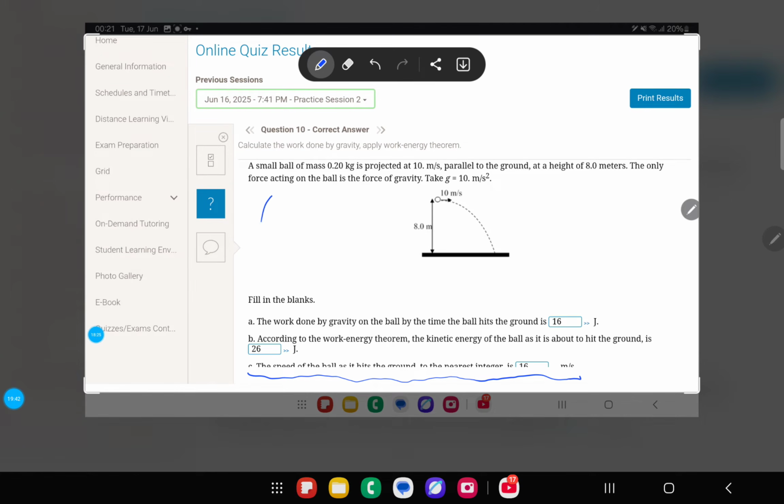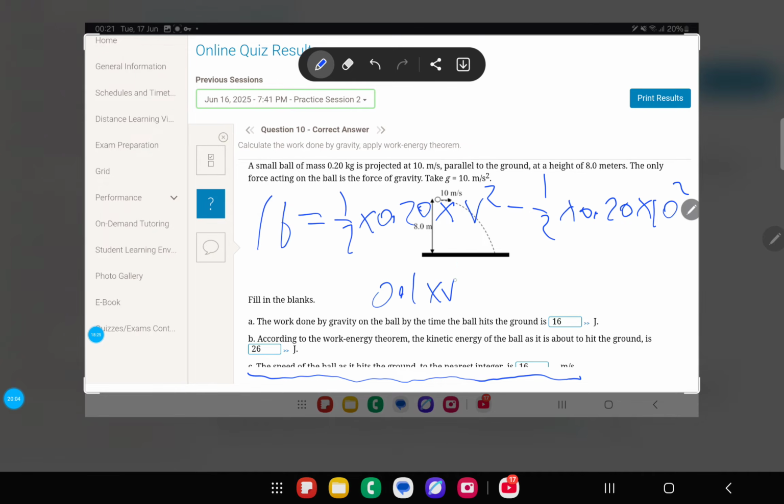We got the work as 16 equals 1 over 2 times 0.20 times v squared, what we're trying to find, minus 1 over 2 times 0.20 times 10 squared, the initial velocity. We use the delta kinetic energy rule. 1 over 2 times 0.2 is 0.1. So 0.1 v squared minus 0.1 times 10 squared, which is 10.